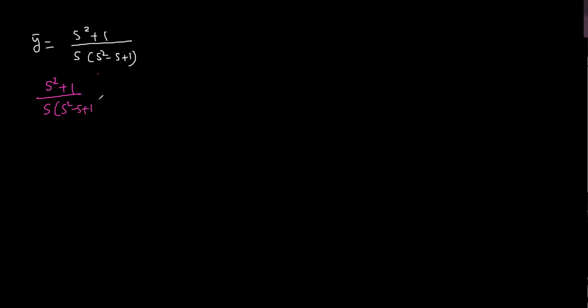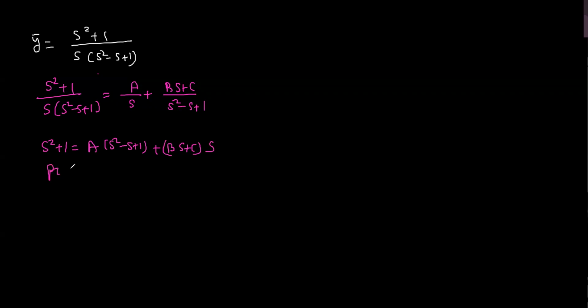Let's say A upon s plus (Ds plus C) upon the quadratic. Because when a quadratic function is there in the denominator, always use Ds plus C. Put s is equal to 0. A is 1.